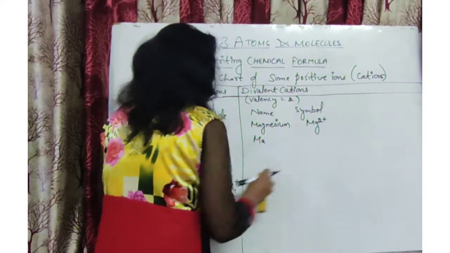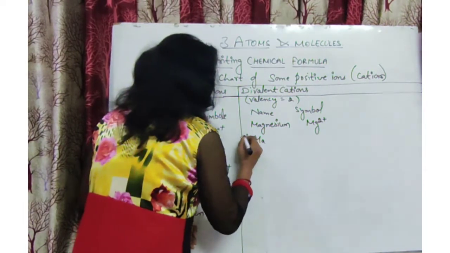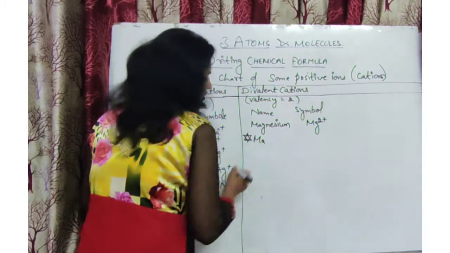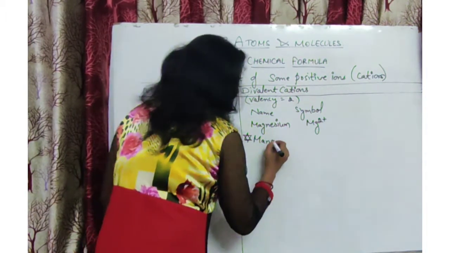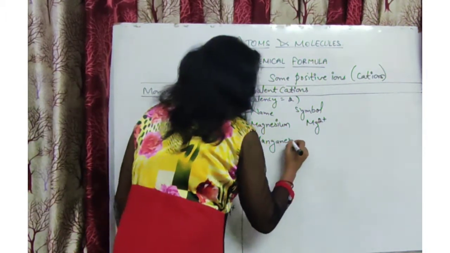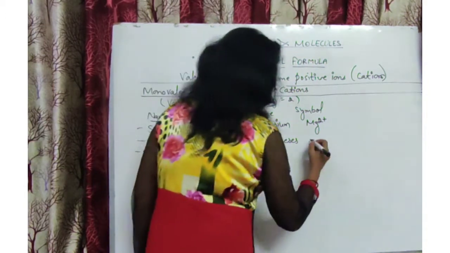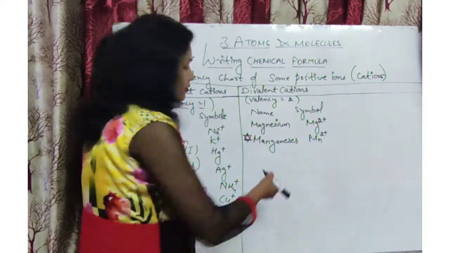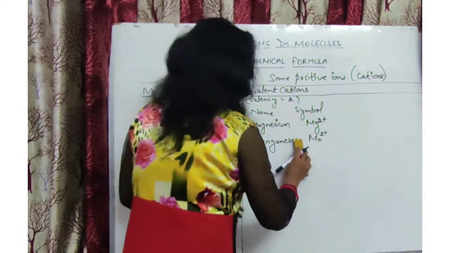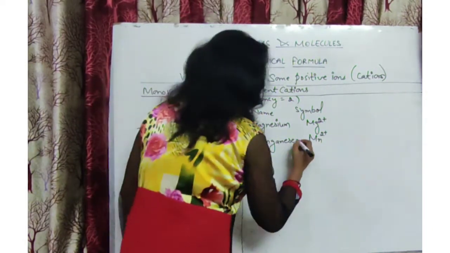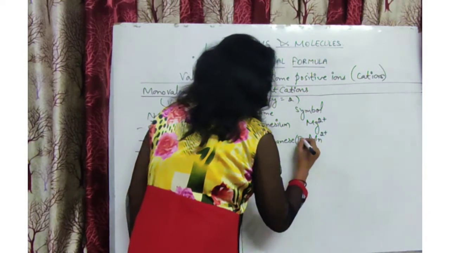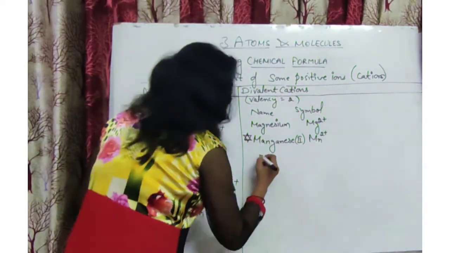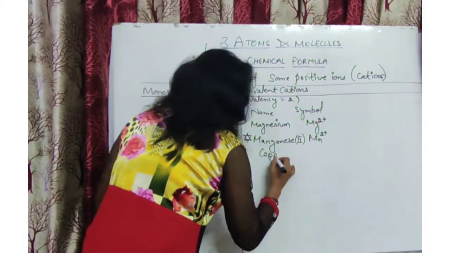Then manganese. Manganese has variable valency, so we can make the star or streaks here. So manganese, it has 2 valency and 4 also. So in front of the manganese we will write in Roman number 2. Okay. After that, copper.